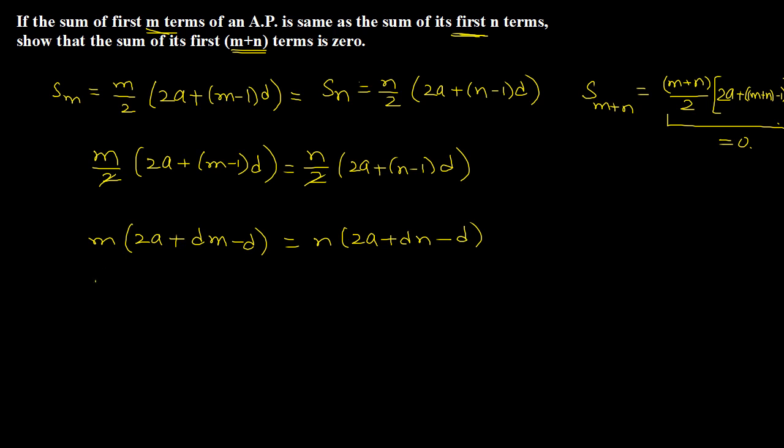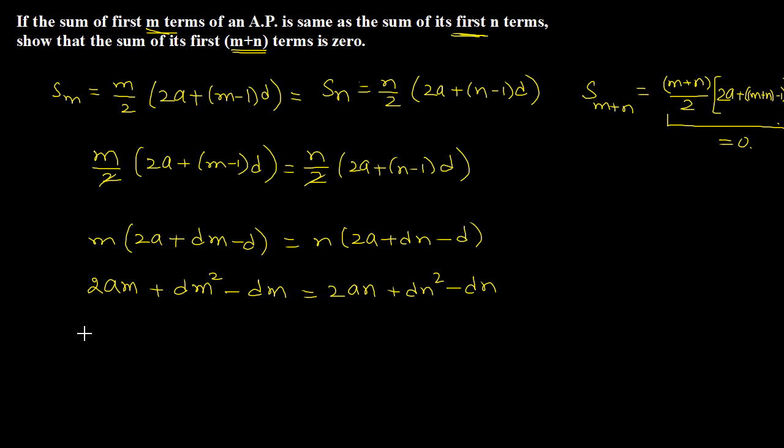So now 2am plus dm square minus dm equals 2an plus dn square minus dn. We'll take all of them to the left-hand side and keep 0 on the right, and see what we can take common.